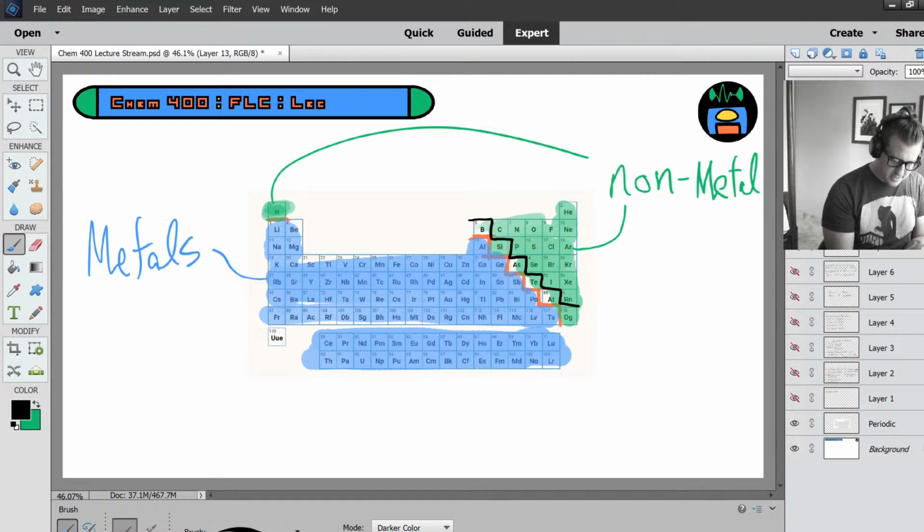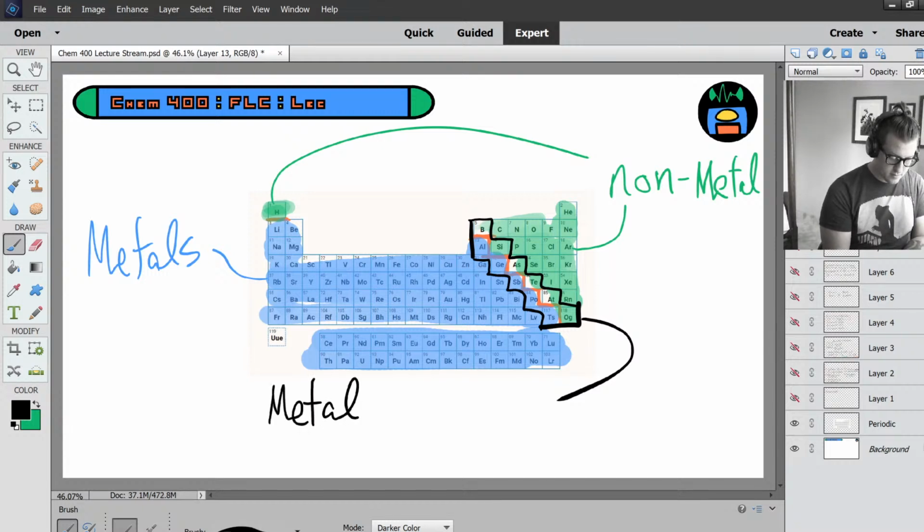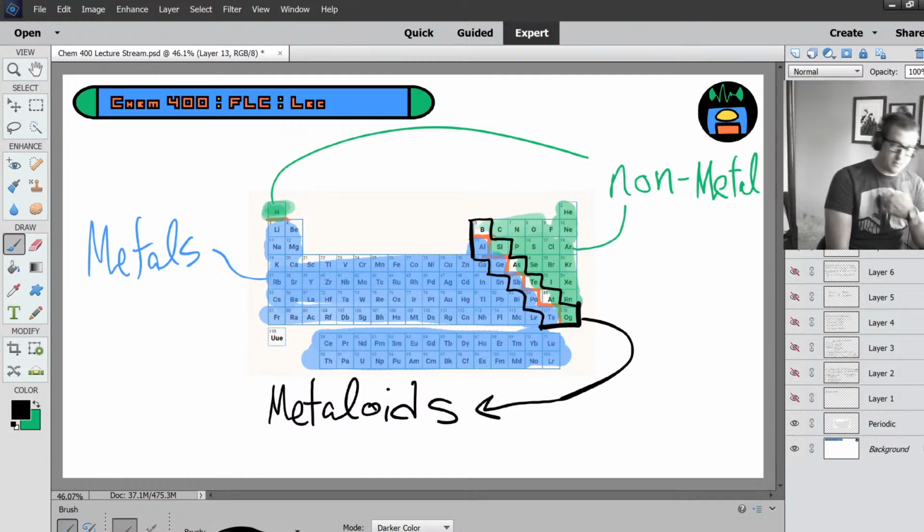It turns out that the elements that are kind of touching this line between metals and nonmetals are known as metalloids, because they have some metallic characteristics and some non-metallic characteristics.